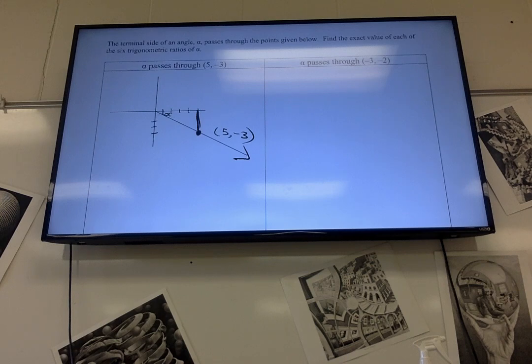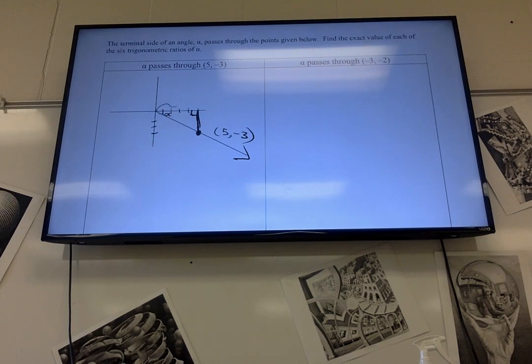The trig ratios would be the same regardless of where I drew alpha because it's always going to have this reference angle. Okay, so this is a right triangle. We always draw it to the x-axis.